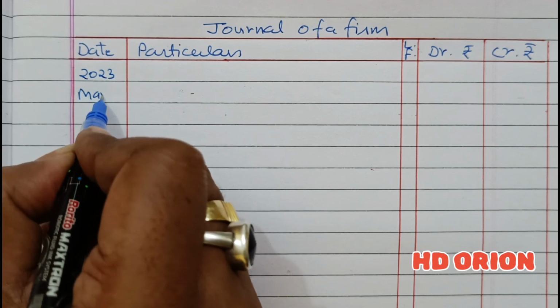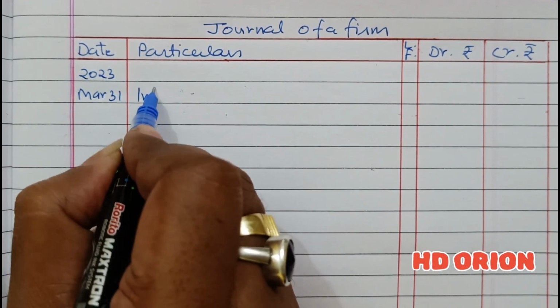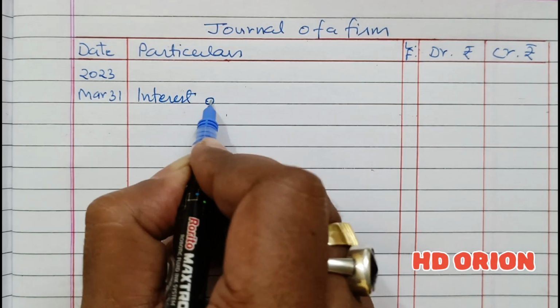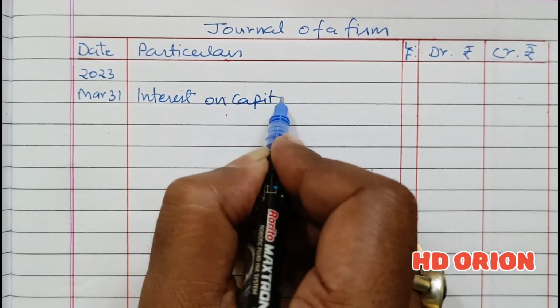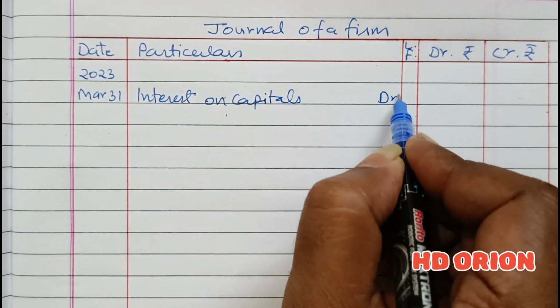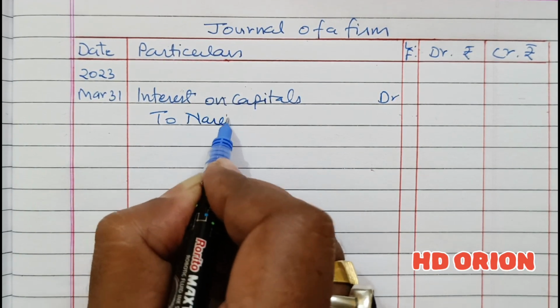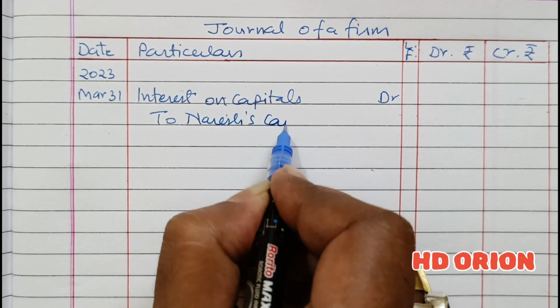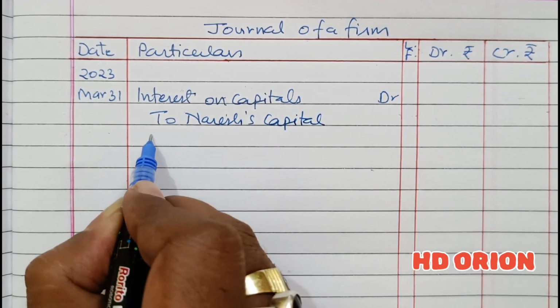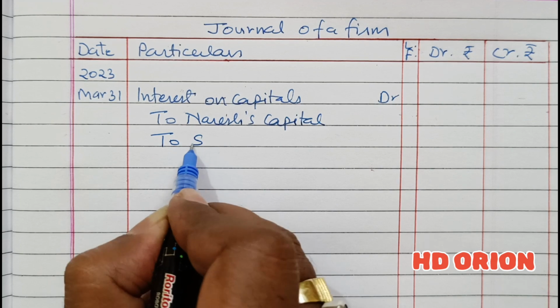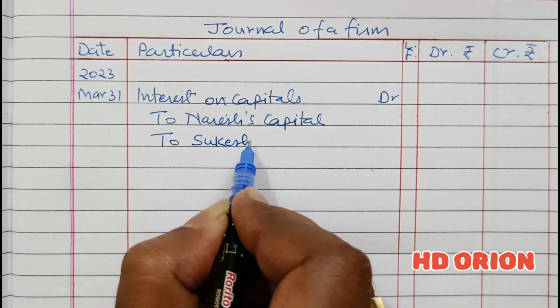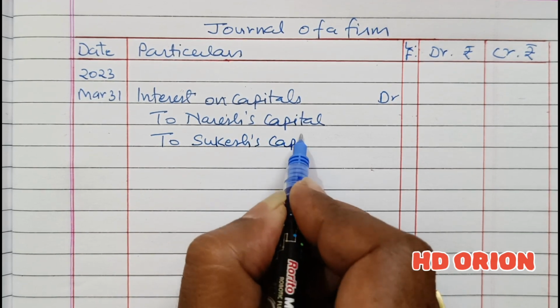On March 31st, interest on capital account debited to partners capital accounts, Naresh and Sukesh capital account.